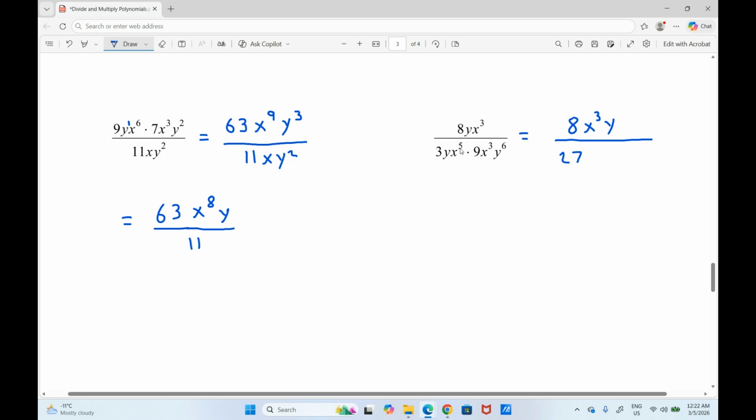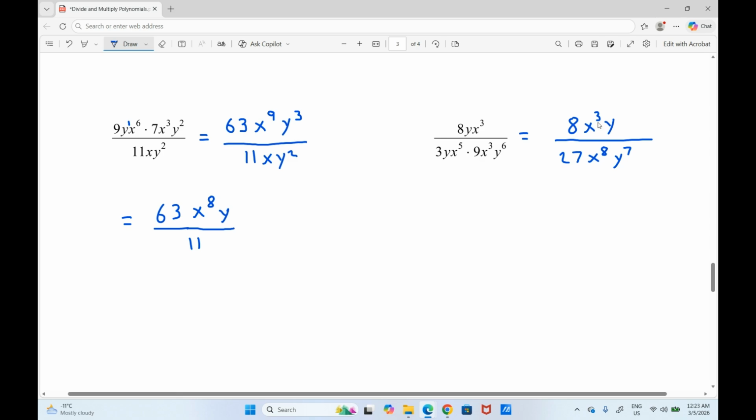X to the exponent of 5 times x to the exponent of 3 would be x to the exponent of 8. And y to the exponent of 1 times y to the exponent of 6 would be y to the exponent of 1 plus 6, which is y to the exponent of 7. Now I'm going to try to simplify this. Can I reduce 8 and 27? No, because I don't have a common number that I can divide out of both of these.